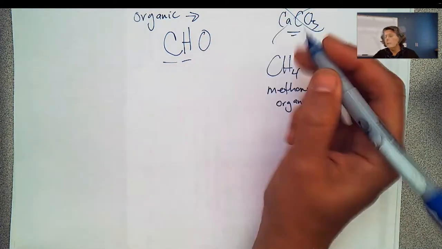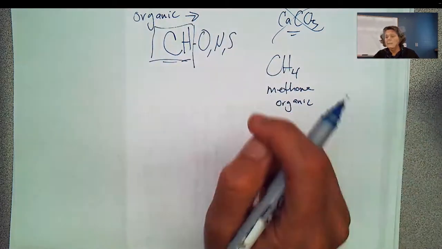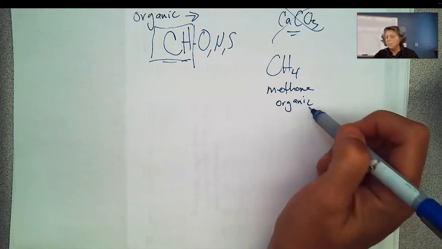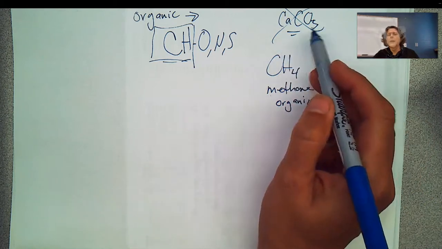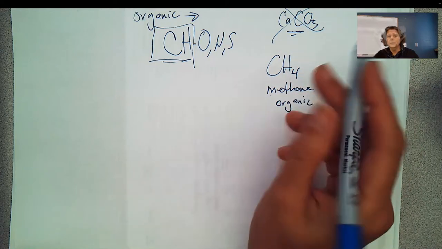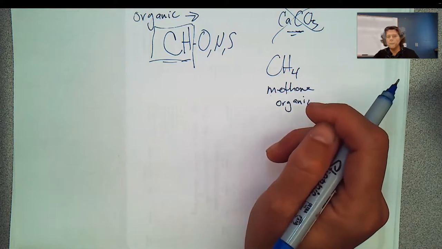Sometimes we'll have other compounds like nitrogen, sulfurs, and stuff like that. But basically, it's things with carbon and hydrogen in it. So methane is an organic compound, while calcium carbonate is not. So it's not just the presence of carbon inside of it, it's also the presence of the hydrogen and that carbon-hydrogen bond that we find inside of there.